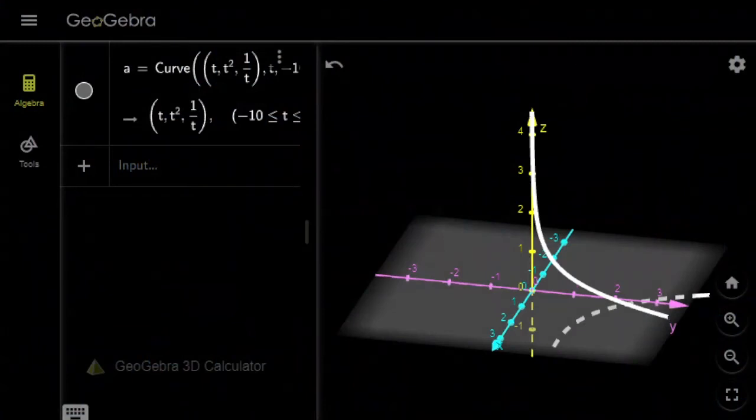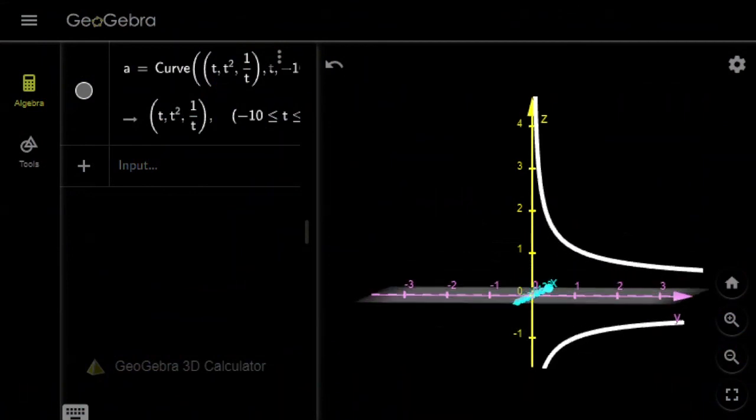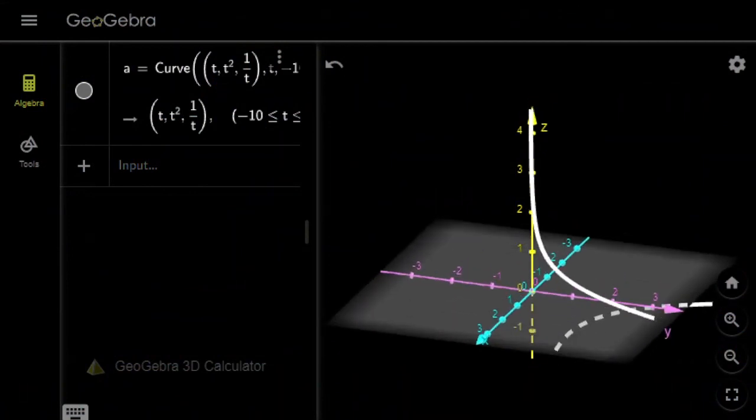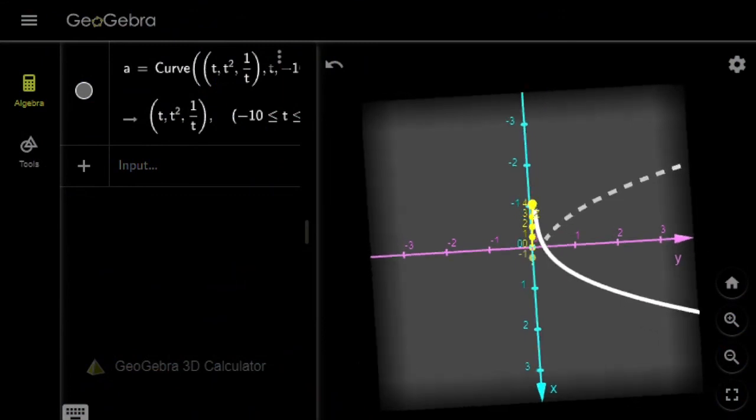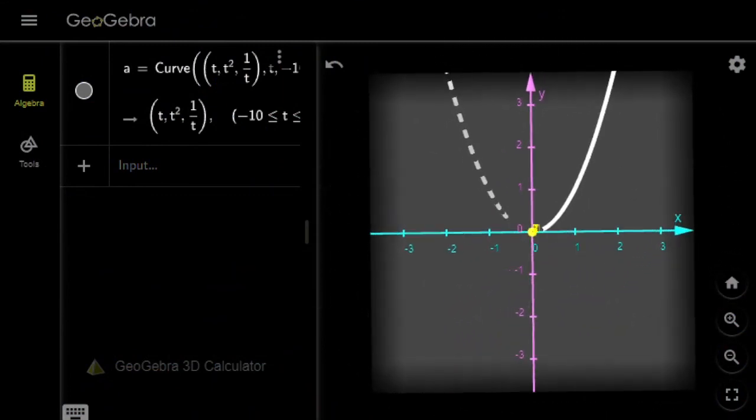All right, so here I have the curve t, t squared, 1 over t. And if we look at this curve and look around in various places, you can see that we've got two curves that are not well attached to each other. Although if I spin this around and look at the projection in the xy plane, it looks like a nice parabola. The xy projection looks nice.